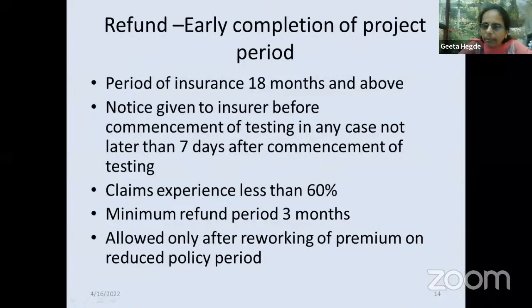So similarly, premium will be reworked for the months that the policy is going to be in force. So refund is not calculated on pro rata or short period like that. Here it will be reworked as if the policy period was, like if you are giving refund for 4 months, your policy period becomes 14 months. So 14 months premium has to be reworked and refund given. So conditions are important. 18 months.